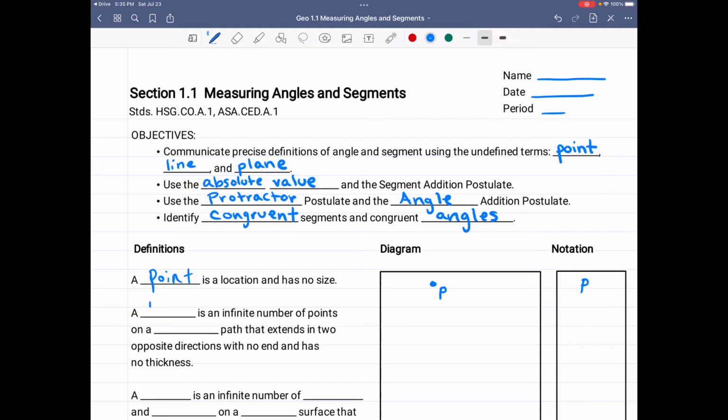A line is an infinite number of points on a straight path that extends in two opposite directions with no end and has no thickness. So most of you probably know what a line looks like, and we're going to draw it in the diagram.